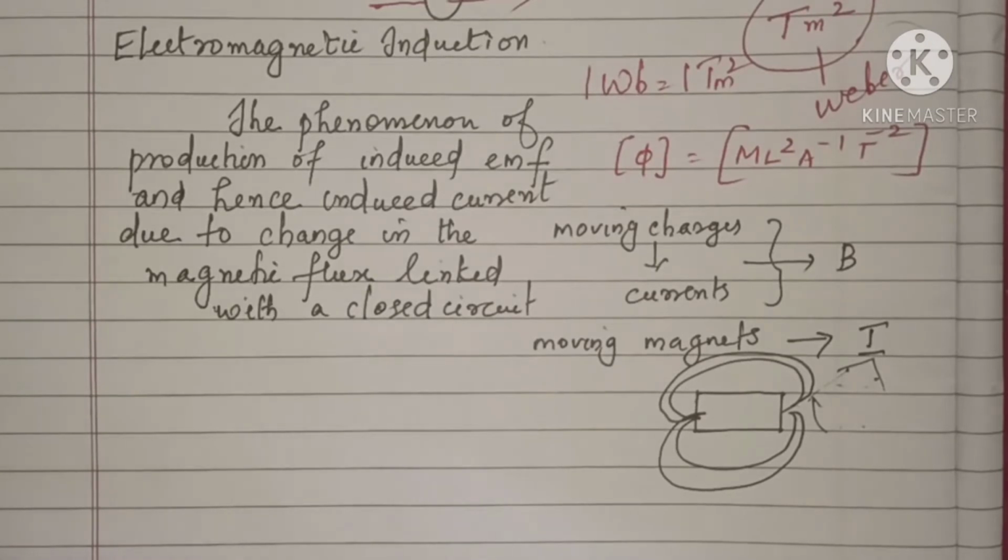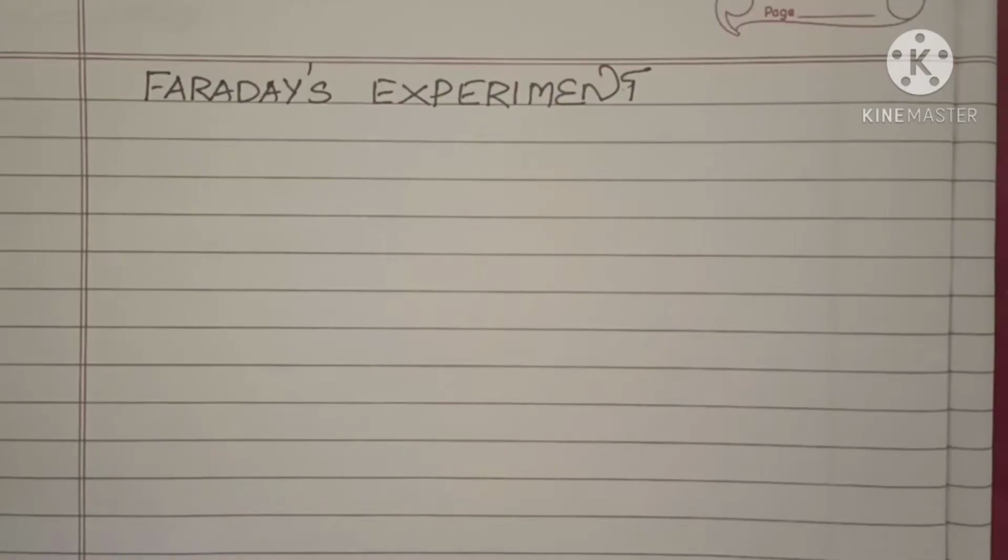Now we will check each experiment in detail and then we will move to the conclusion part. Next our topic is Faraday's experiment. The phenomenon of electromagnetic induction was discovered and understood on the basis of a few experiments conducted by Faraday and Henry.